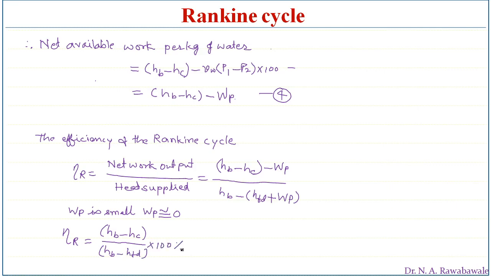Then we get efficiency percent. So this is equation number 5, and equation number 6. Equation number 5 gives the efficiency of Rankine cycle considering pump work, and equation number 6 gives efficiency of Rankine cycle neglecting the pump work.